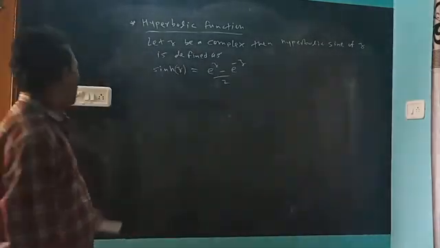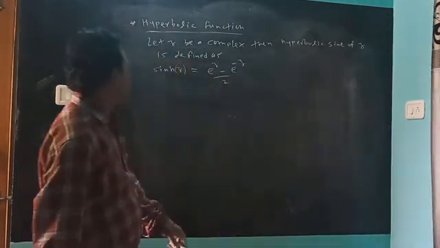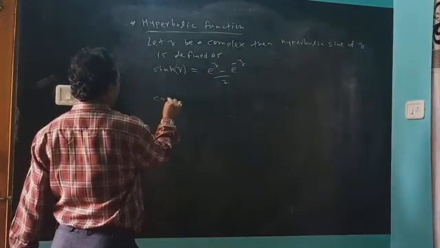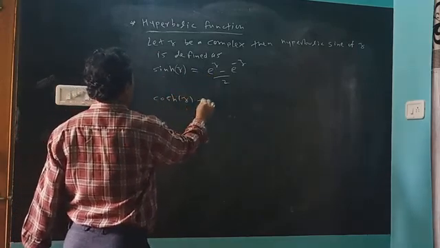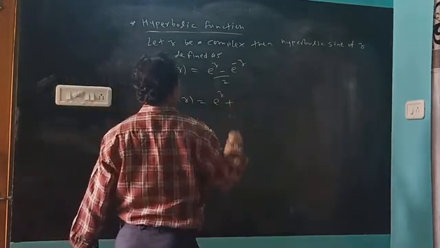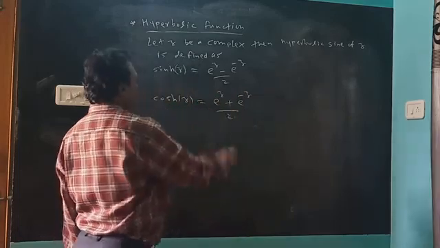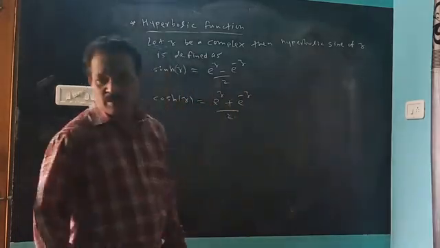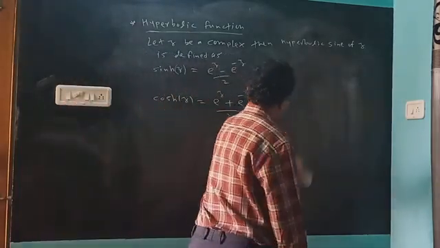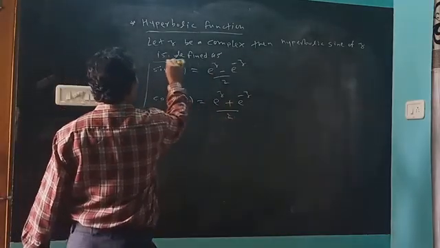Here no i. In hyperbolic, no i. Okay. So sin z is of course the same, sin then minus and cos then plus. Cos h z is e raised to power z plus e raised to power minus z upon 2. There is no i. In circular it is twice i. So here no i. Okay, so these are the only two definitions.